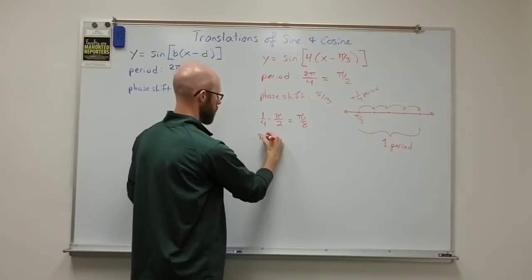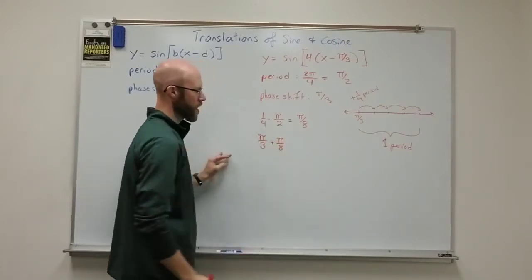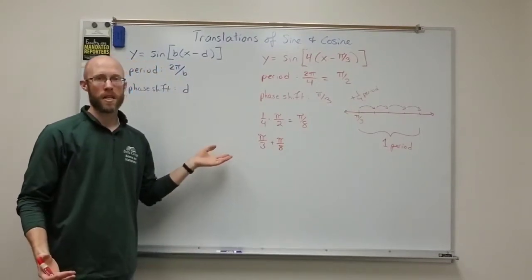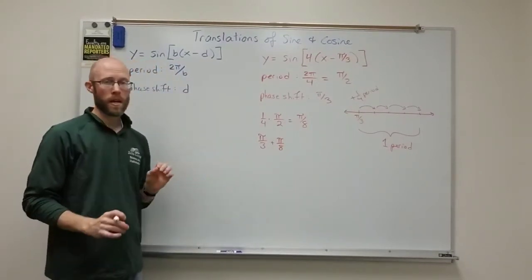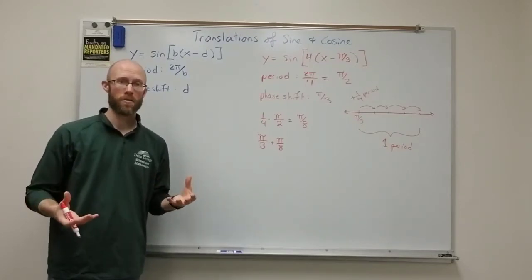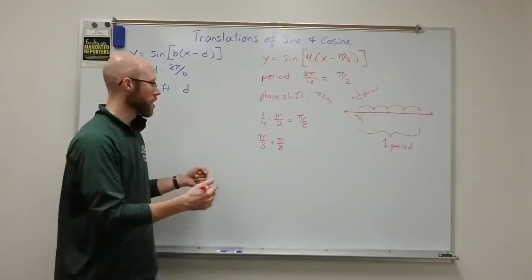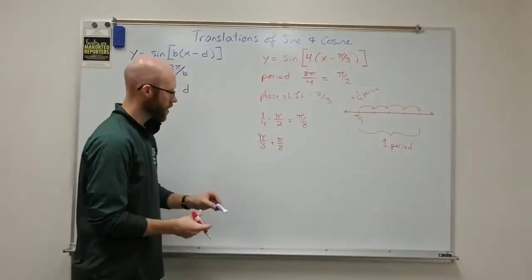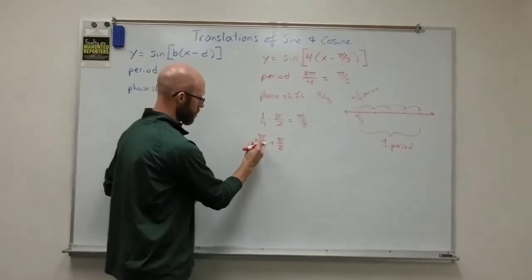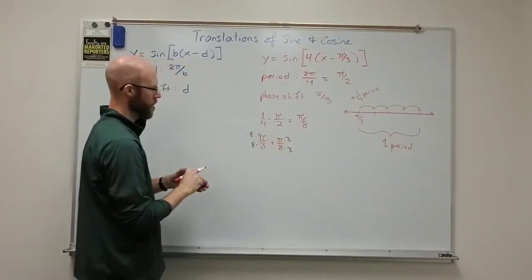So I get pi over 3, and I'm going to add to that pi over 8. Of course, my LCD is 24. It would be very convenient to just do everything in terms of a denominator of 24 and then reduce as we go. So that's what I'm going to do. Let's create a denominator of 24. I've got to multiply by 8 and 8 and 3 and 3.